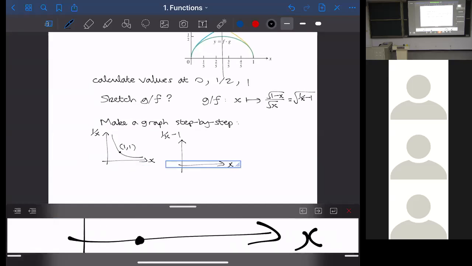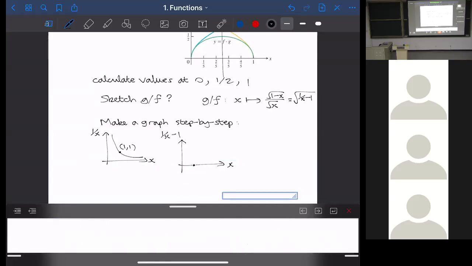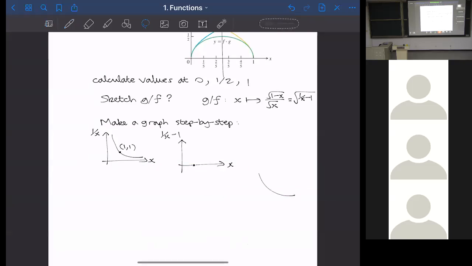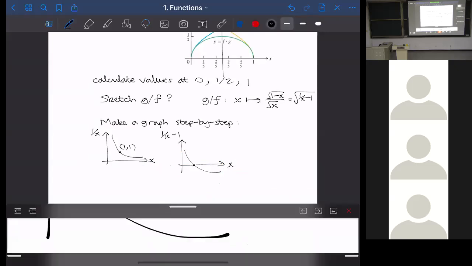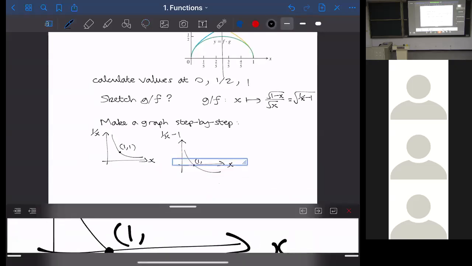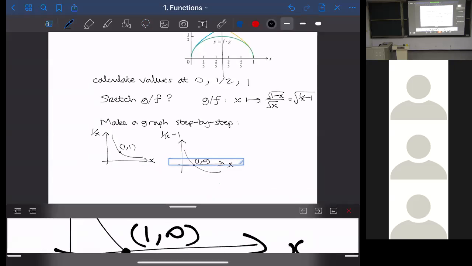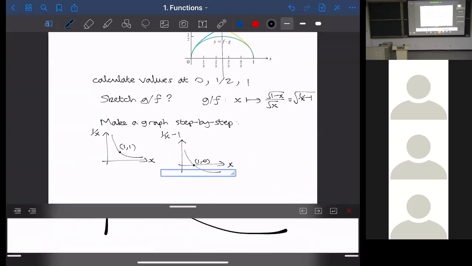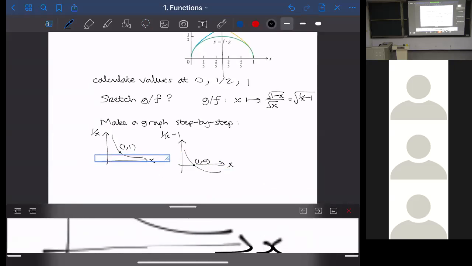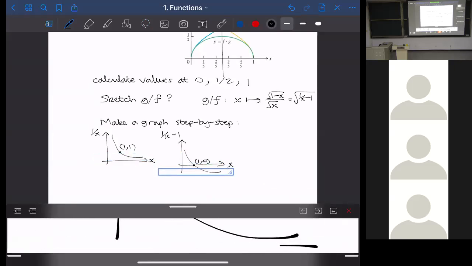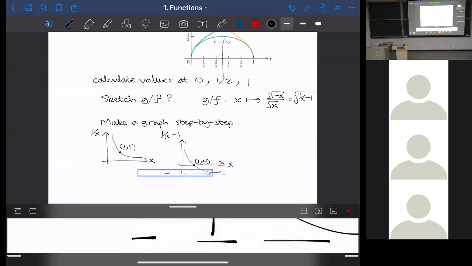So this point 1, 1 goes down by 1. Point 1, 1 becomes the point 1, 0. And where the graph gets closer and closer to the x-axis, that becomes the horizontal line minus 1.